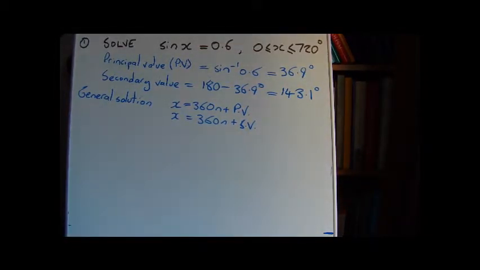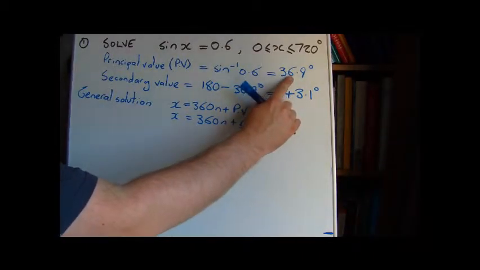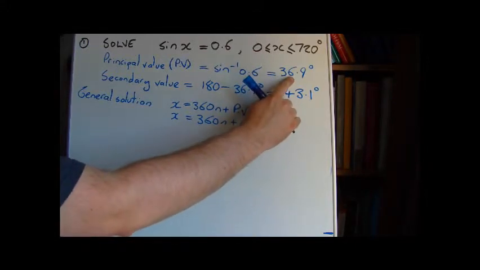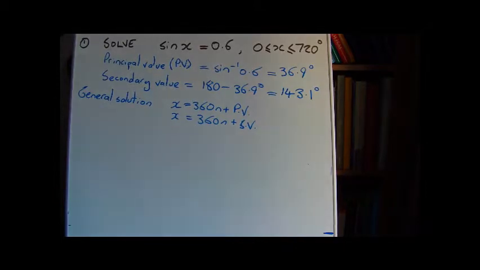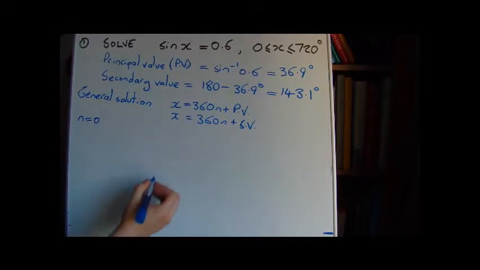That's because the sine function repeats with a period of 360 degrees. So if we keep adding multiples of 360 to this, or we subtract them, and we do the same for this one, we can generate a list of solutions to the equation. So we do this by substituting values of n into each of those equations.